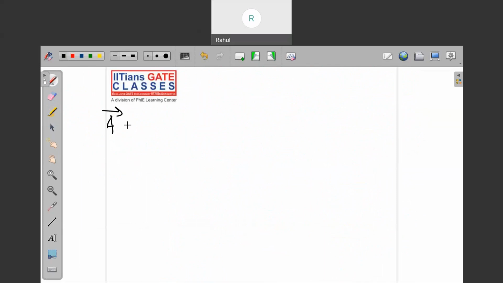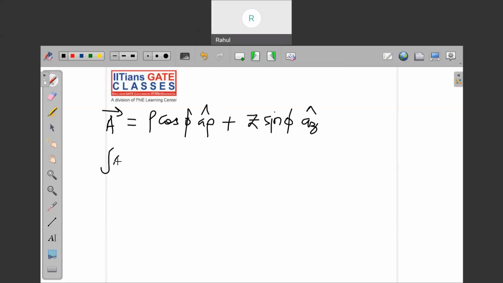What A is given here is that A was given as rho cos phi a rho cap plus z sin phi a z cap. Now let us compute A dot dl.